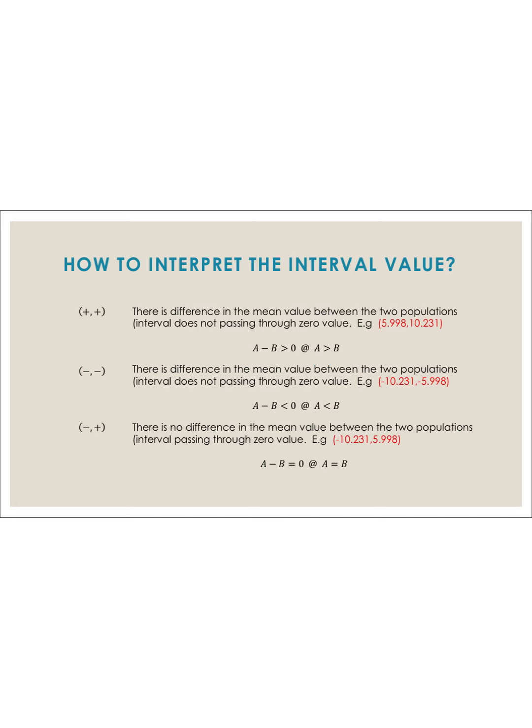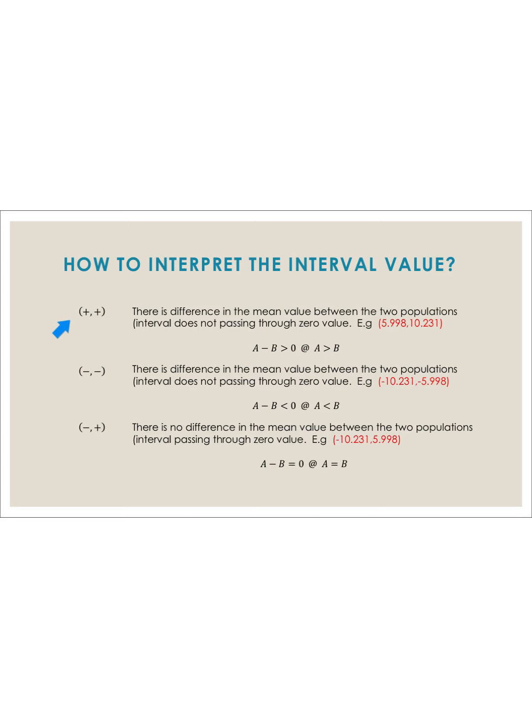Okay, kalau awak dapat interval awak positif-positif, maksudnya value dia lah positif-positif. Kalau awak dapat value dia negatif-negatif, contohnya negative 10.231 and negative 5.998, so kita boleh conclude there is difference in the mean value between the two population since the interval does not passing the true zero value.